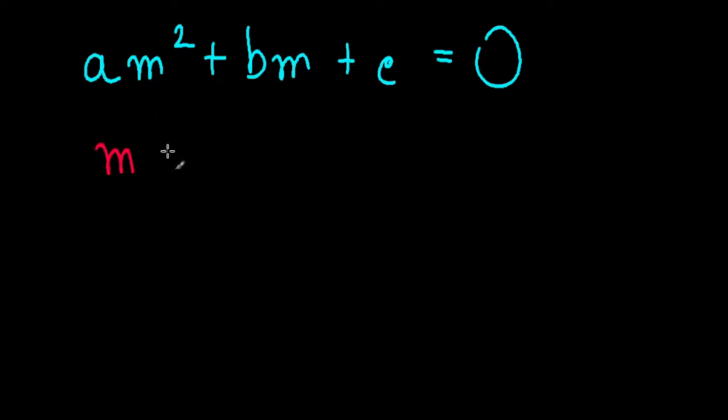So it's just going to be one root. I don't need to write m1 and m2 because they're basically the same. So m1 is the same as m2. I'll just write that as m. We have our solution to our characteristic equation.